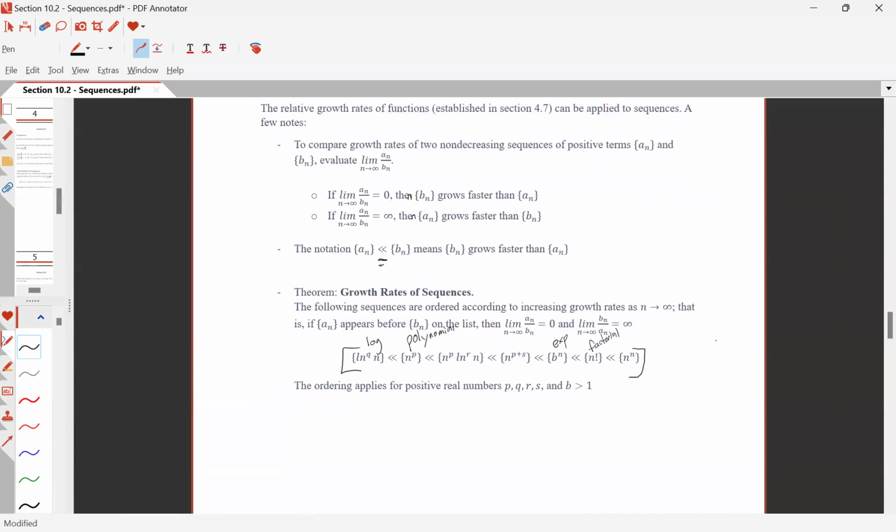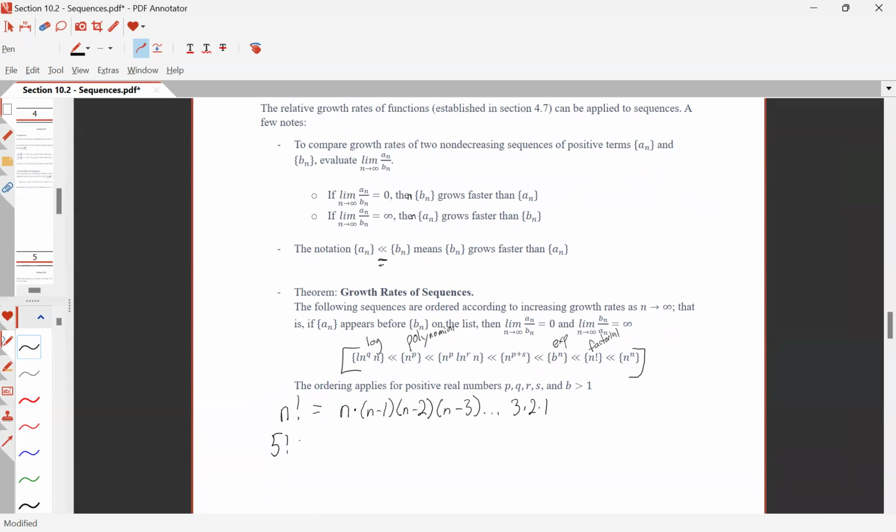The last thing I want to mention is if you haven't seen this notation of n factorial before, we will be using it in the coming sections quite a bit, but n factorial means n times all the numbers before it, all the whole numbers before it. So n times n minus 1 times n minus 2 times n minus 3, and so on. And we stop at multiplying by 1.